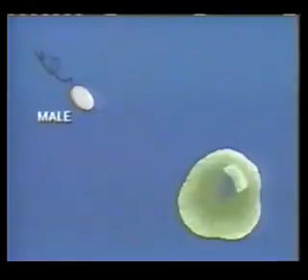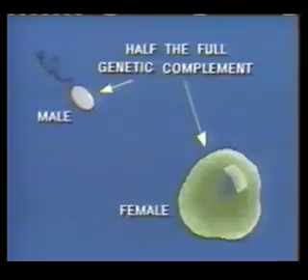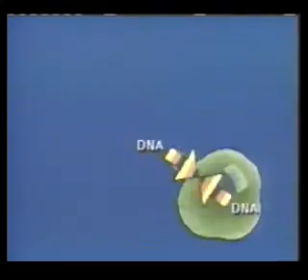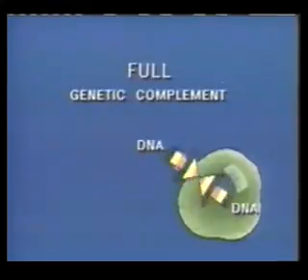For most organisms, life begins with a fertilized egg. Each sex cell, both a male, or a sperm cell, and a female, or an egg cell, contains only half the DNA molecules of other cells. When the egg cell is fertilized, the DNA molecules from the father and mother together form the full genetic complement passed on to the offspring.